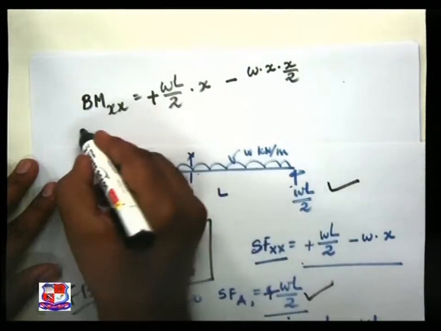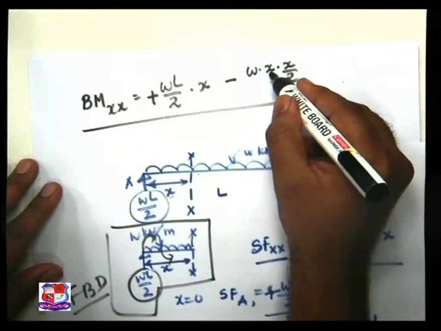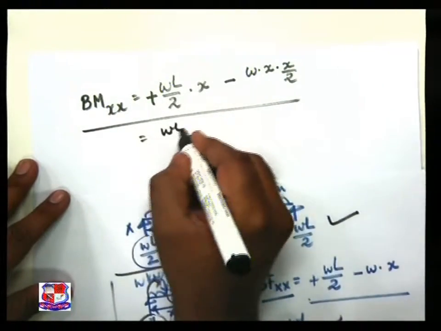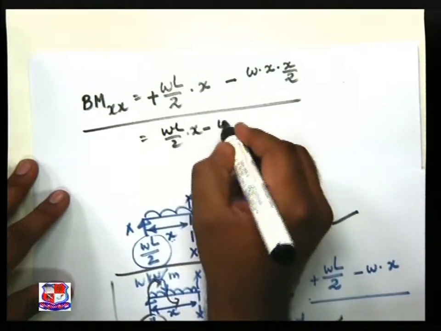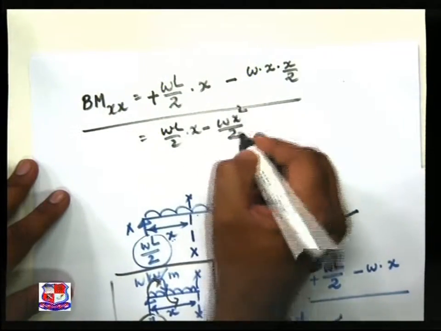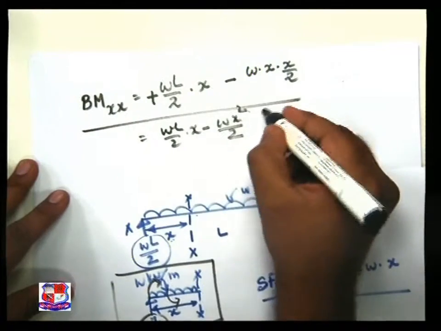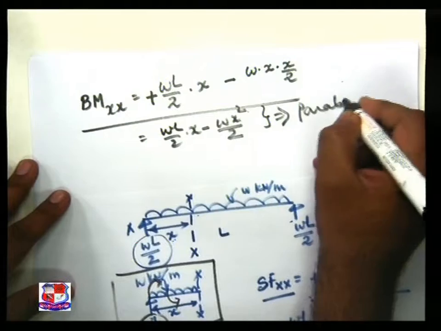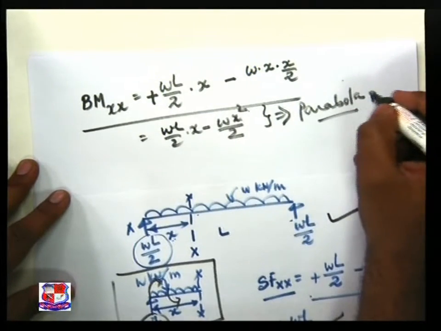This is the basic equation, and this is equal to WL by 2 into X minus WX square by 2. It is X square, and this in turn gives us the parabola for the bending moment diagram.